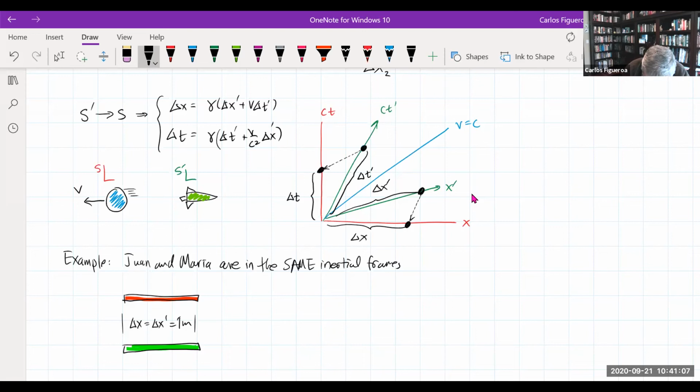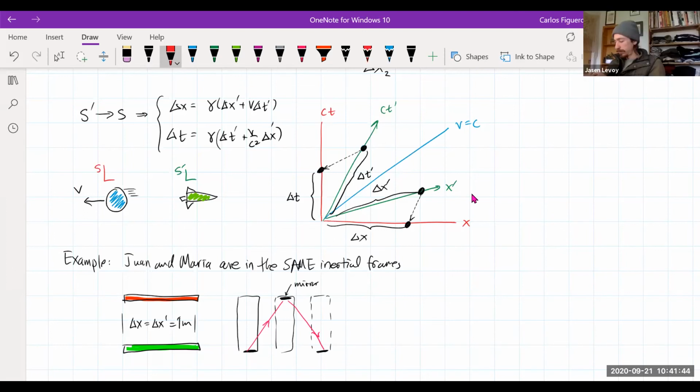Now, what do I mean by clocks here? In the past, we've drawn this light clock. Up here, I have a mirror. Down here, I have the source and the detector. Now, this becomes very painful to keep drawing again and again, so I'll draw this one more time. If I have a beam of light that goes up and down, I'm going to imagine a clock.